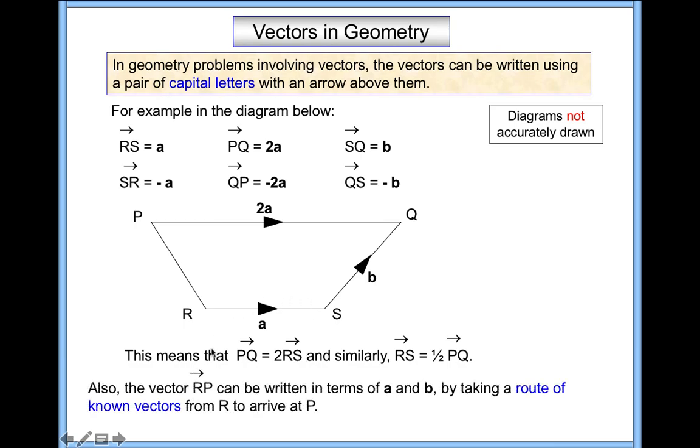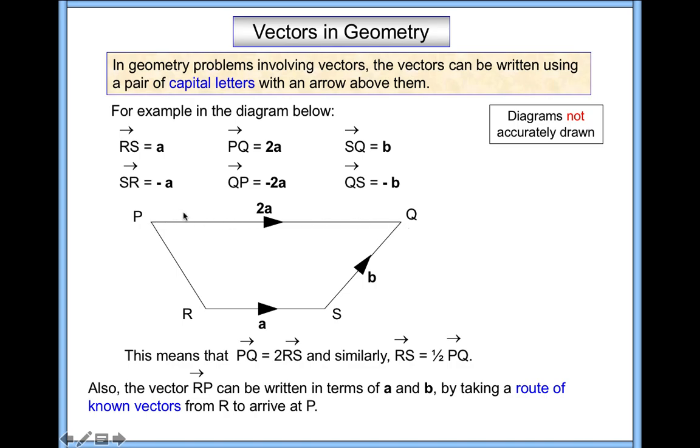So vector RP can be written in terms of A and B by taking a known route, and for solving vectors you always have to go via known routes. Okay, take a route of known vectors from R to arrive at P. So from R to P it will be vector RS plus vector SQ plus vector QP.